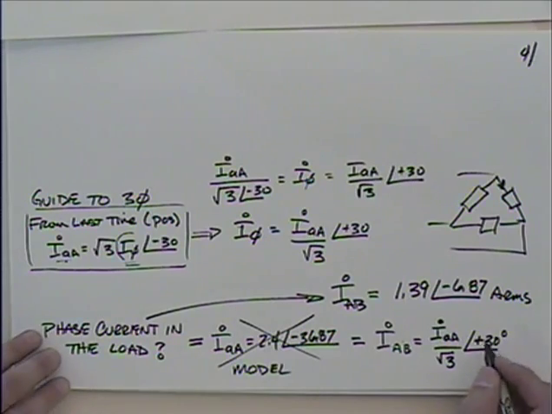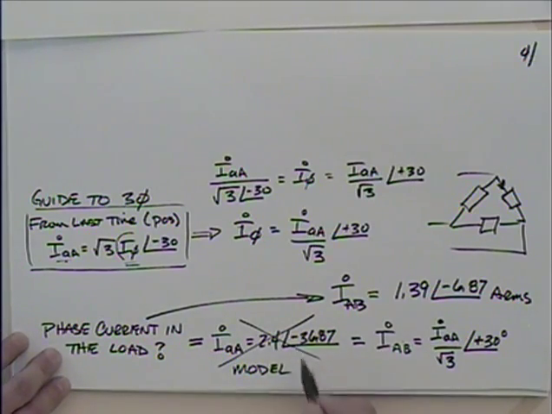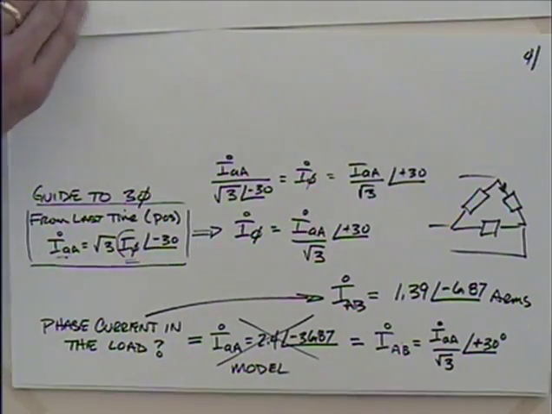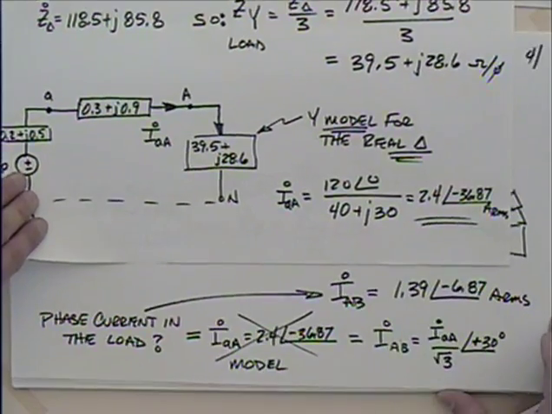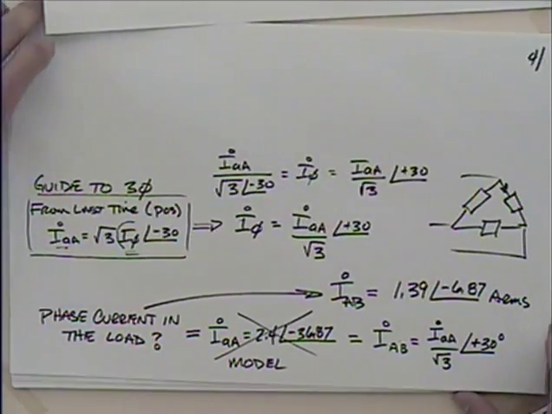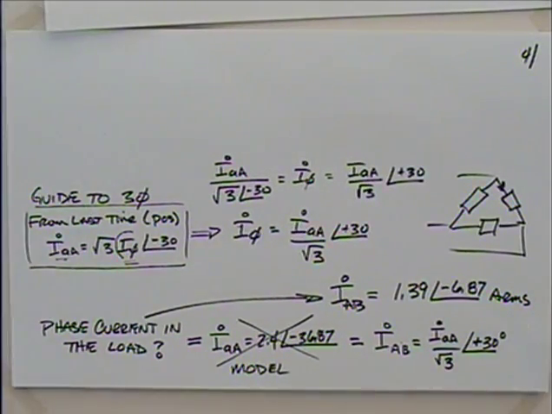No, it's from adding 30, because I'm starting out with minus 36.87. Isn't that what we had here? Yeah, minus 36.87. So if I add 30 to that, I get the minus 6.87.